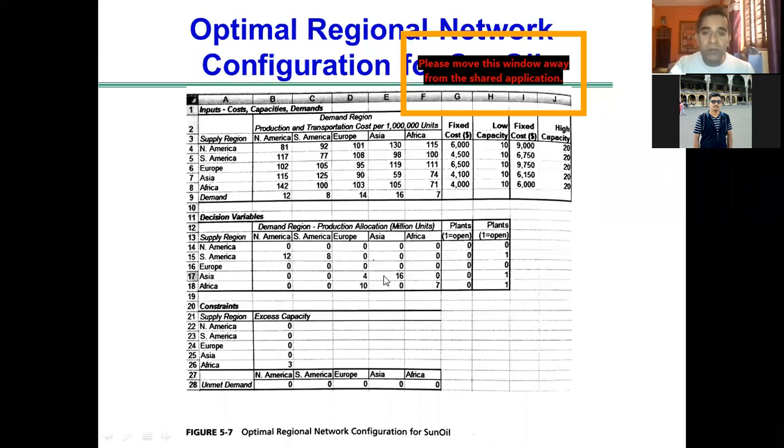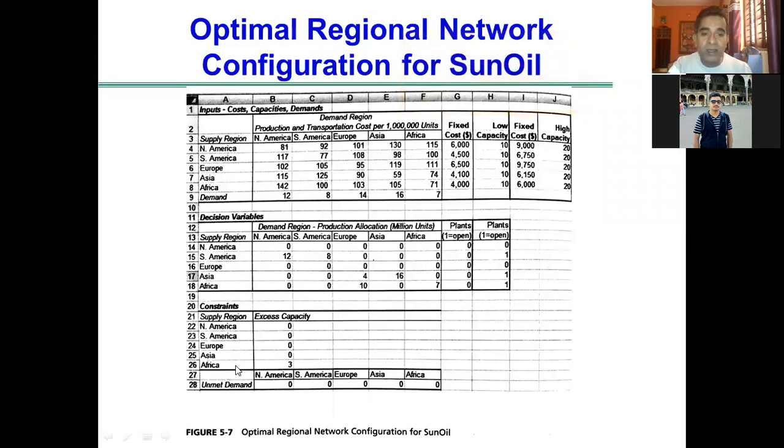Asian plant, 4 plus 16, 20 million capacity is utilized, no excess capacity. African plant, 10 plus 7, 17 million units are manufactured. So there is an excess capacity of 3 million units in the African plant. But even with this, this will be the lowest cost network for Sun Oil. So I hope the illustration is clear about the network optimization model.